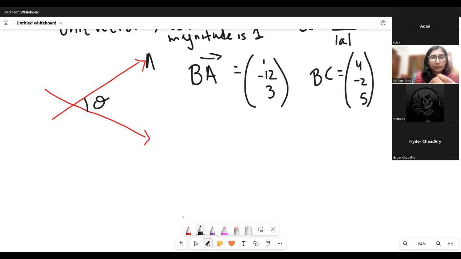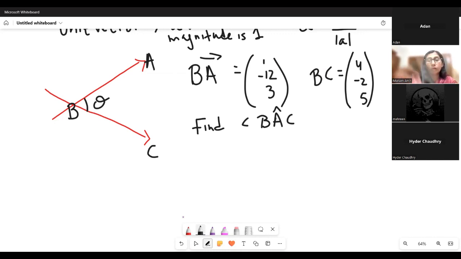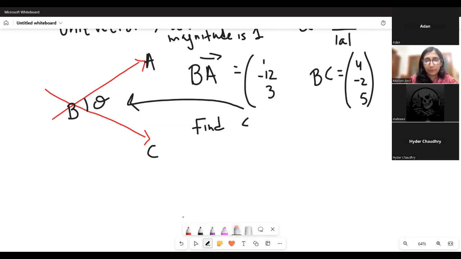This would be A, this would be B, and this would be C. You have to find angle ABC. Now, how do you find angle ABC? It's better to first draw it.